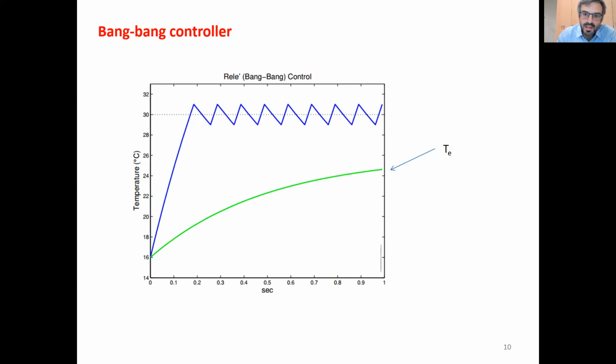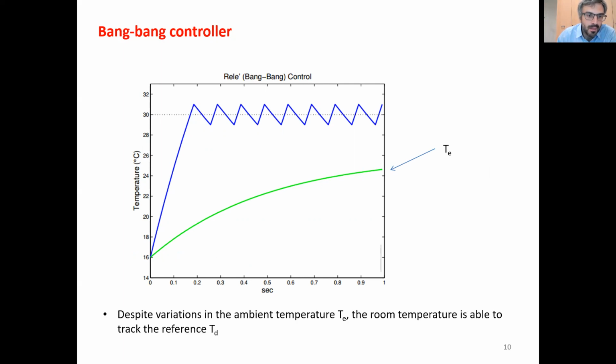Still, despite variations in the external temperature, for example if we increase the external temperature by even 8 degrees, we see that the room temperature stays close to the desired value, with some vibration still, depending on the hysteresis size.